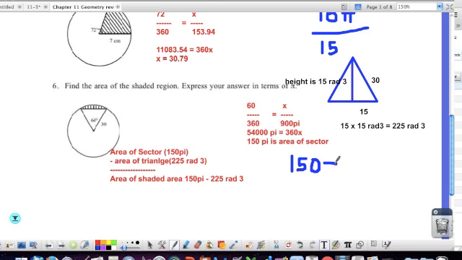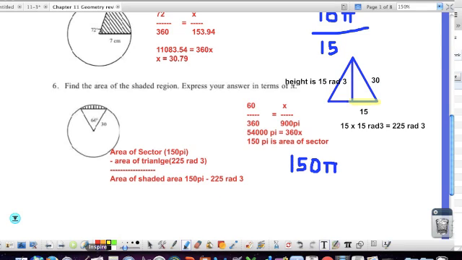Now we need to find the area of this triangle. This is a triangle with a central angle of 60 degrees, which means it's also going to be equilateral. I'm going to break that triangle into 2 because I need to draw a height. So the new base here is 15, and the slant height is 30.